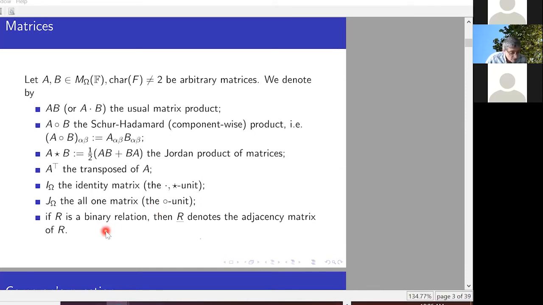And the last notation is this: if I take a binary relation, I can take its graph, which may also be directed, and by R underline I denote the adjacency matrix of the relation.